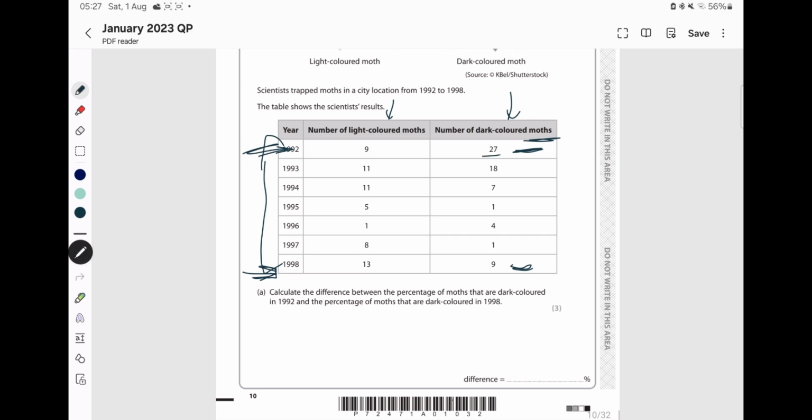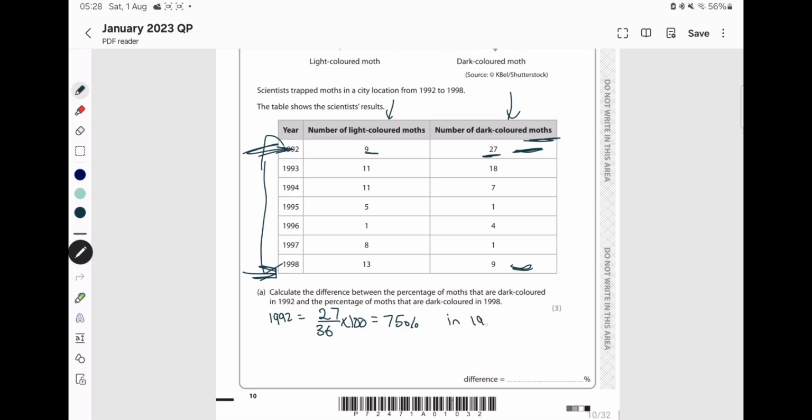The number of dark-colored moths in 1992 was 27, and our total is the light plus the dark because we have both kinds in the city. So that's 27 plus 9, which is 36. We do 27 divided by 36 times 100, which is 75%. So that is the percentage of dark-colored moths in 1992.